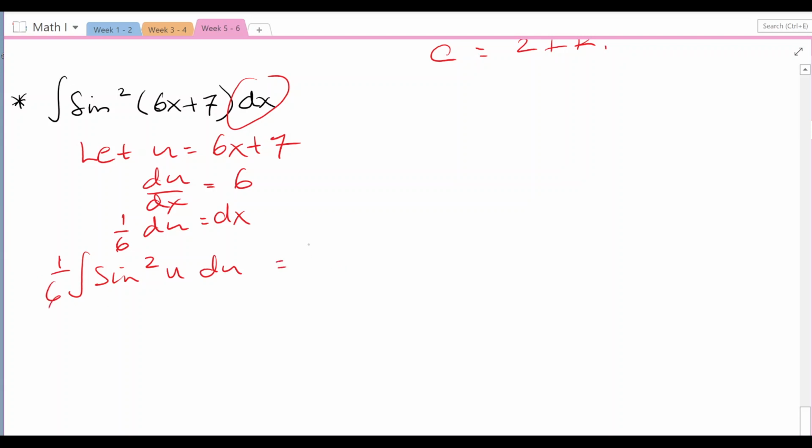And then maintain that, except we're going to change the square in this case using a trigonometry identity, so that it becomes addition or subtraction, because it's more difficult to take the integral of sine square u du.